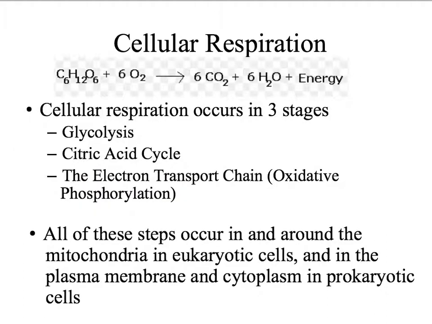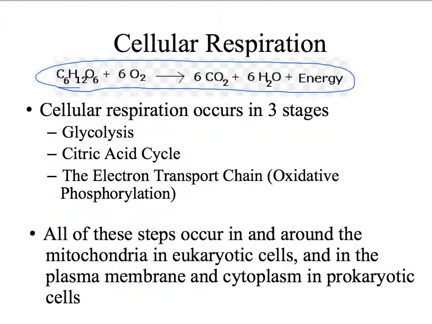All right, cellular respiration. So again, hopefully for many of you, you look at this and you say, wait a minute, isn't this just the reverse of photosynthesis? Yeah, basically. And just like we simplified photosynthesis, we're going to do the same with cellular respiration, but go into a little bit more detail for some of the specific reactions that are taking place.